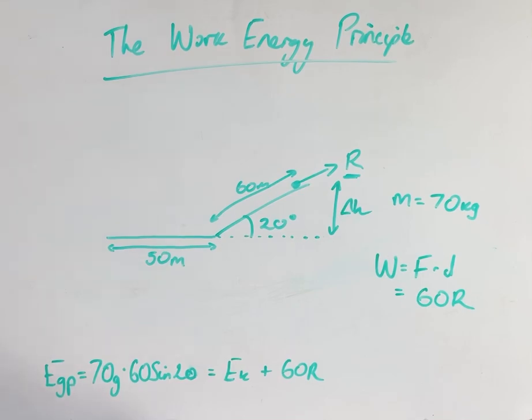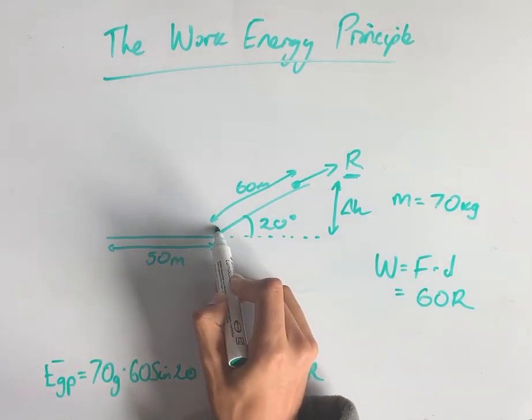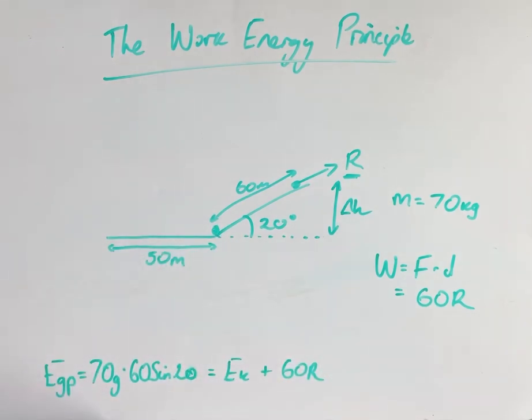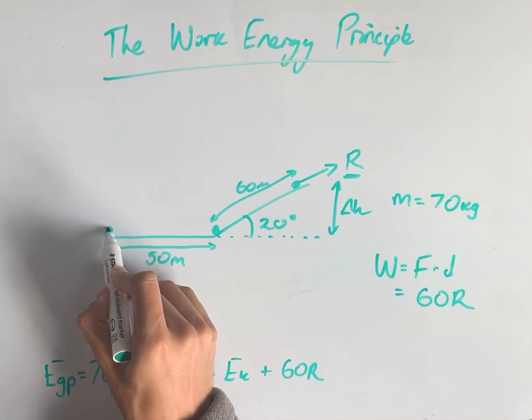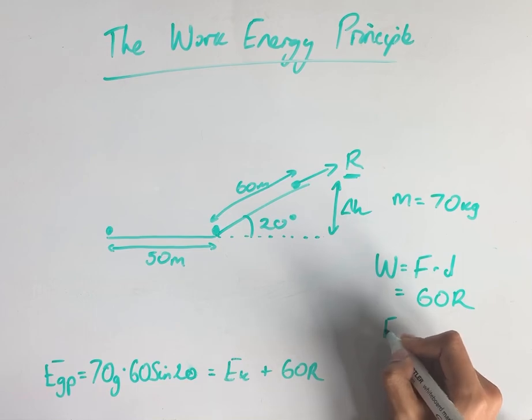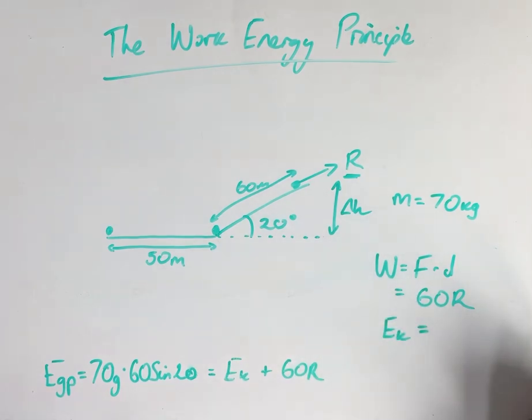And we know that when the particle's at this point, all of its energy that it possesses is kinetic. And when it gets to the end of the 50 meters, it has no energy, it comes to rest, or it has no kinetic energy. That means all of that kinetic energy is converted into thermal energy as work done by resistive forces, which means our kinetic energy is completely converted into work done against a resistive force.